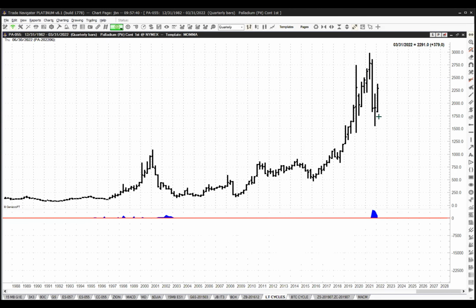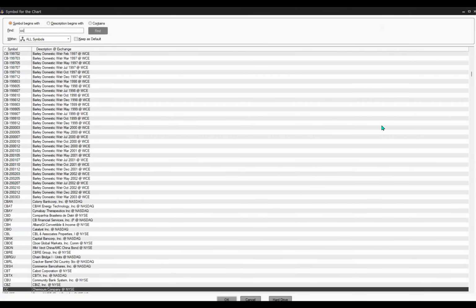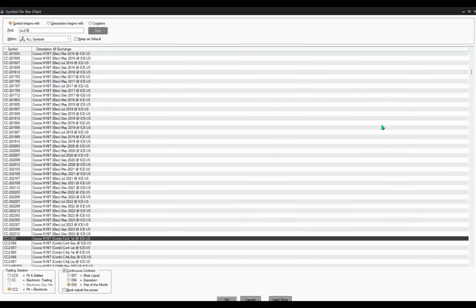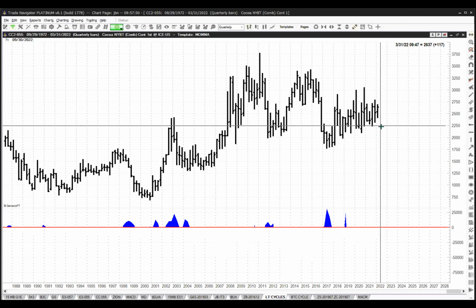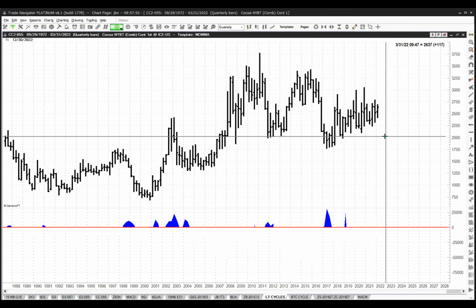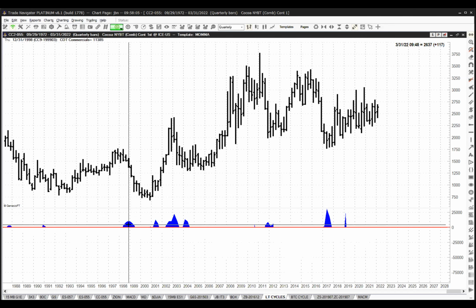But let me show you something more interesting. This is commercial buying activity in cocoa. Look what happens. They're buying at the bottom, buying before the bottom, buying after the bottom, buying before the bottom.